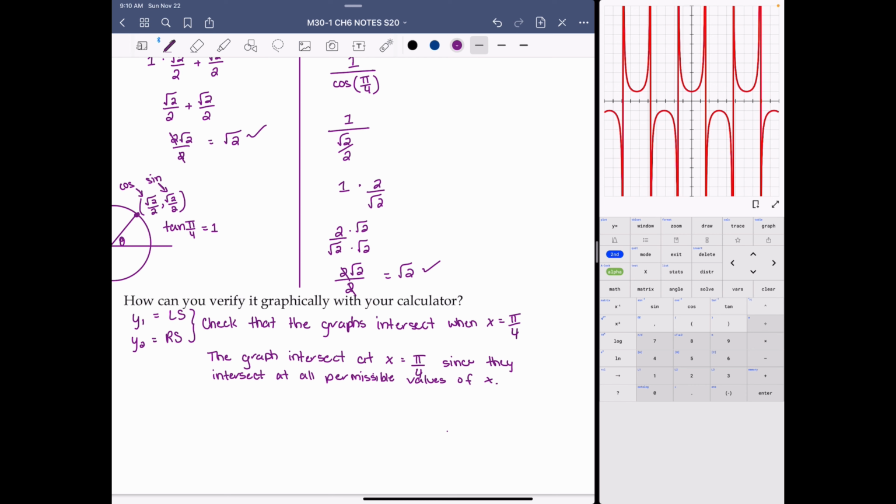So any point on the graph that is defined, the two graphs are intersecting. They're laying on top of each other.